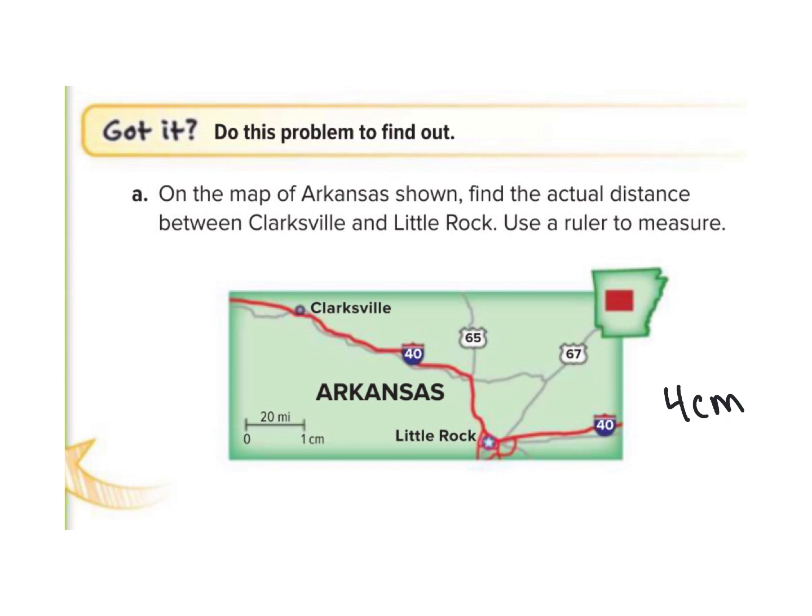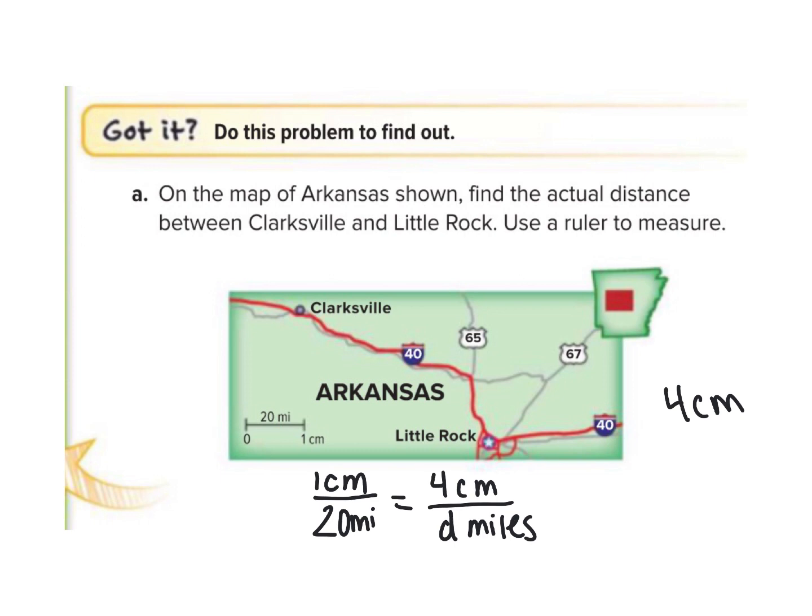Now you want to set up a proportion using the scale. So the scale we know is 1 centimeter equals 20 miles. And we have a 4 centimeter length, but we are trying to find the actual D miles.